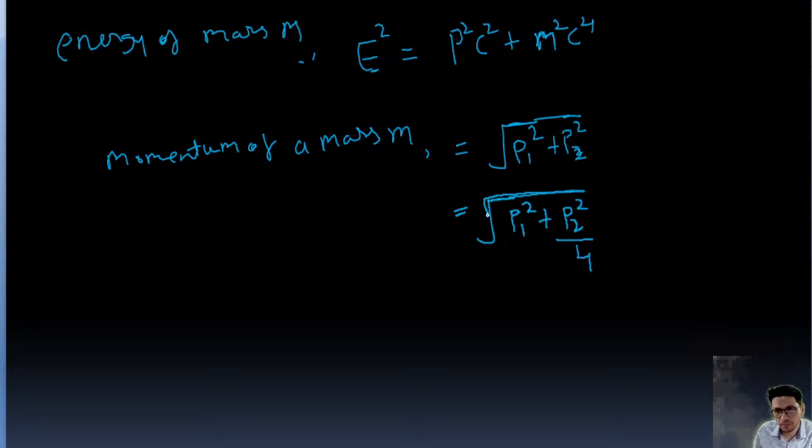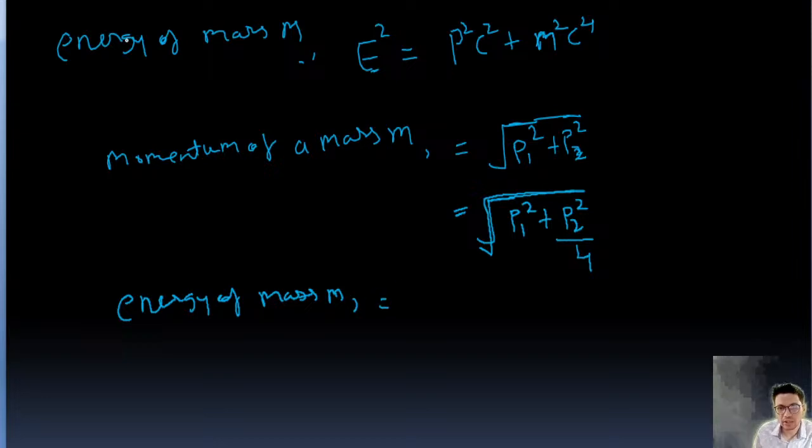This is the momentum of mass m, meaning the lighter particle. Now similarly we'll find the energy of the light particle, whose mass is small m.